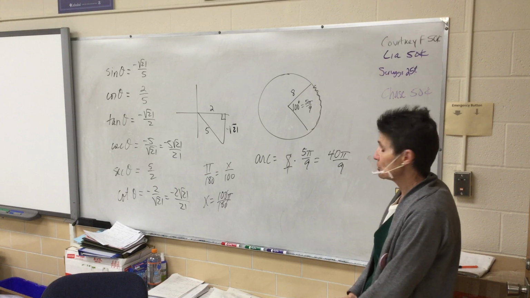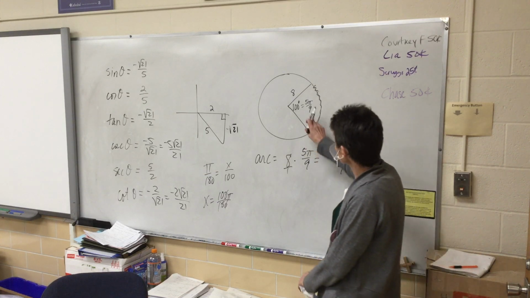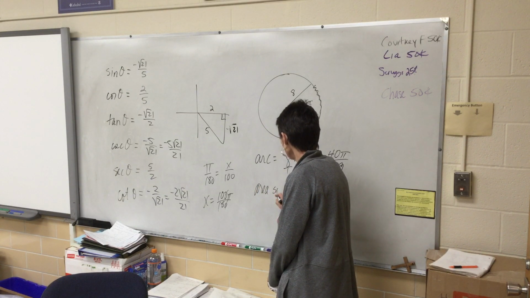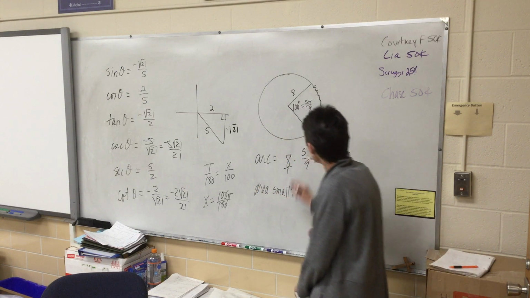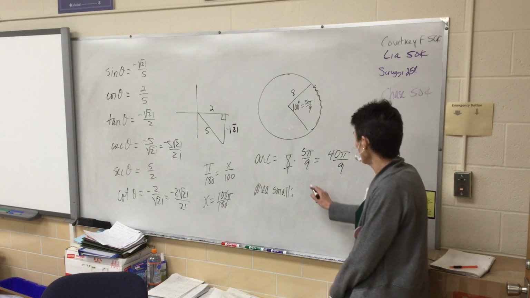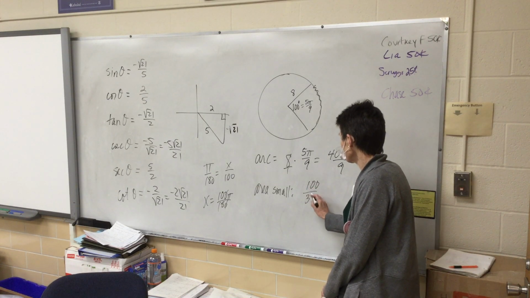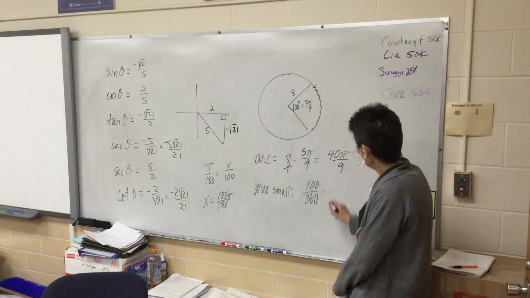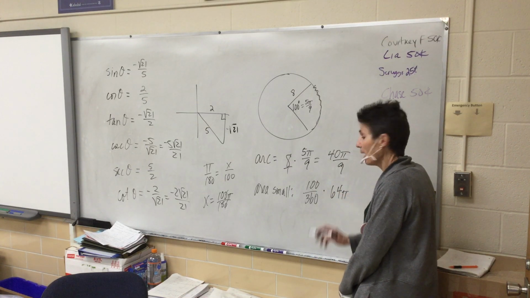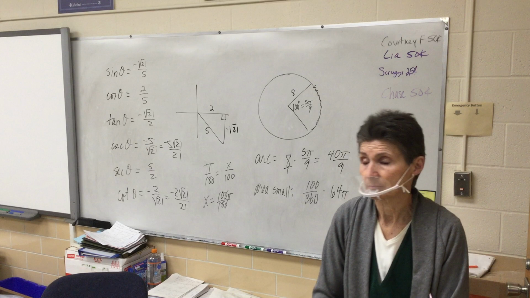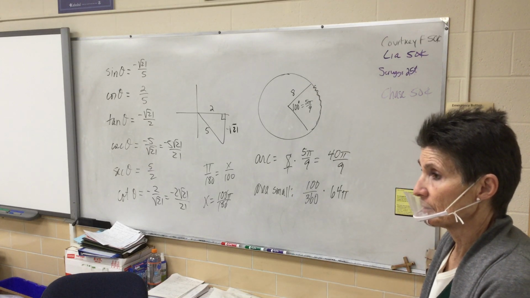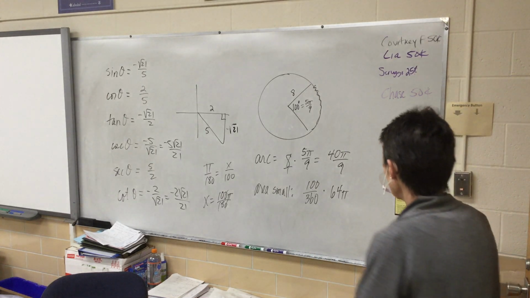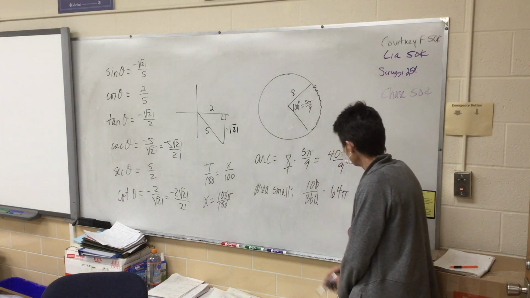Now, there are lots of ways you can find the area. Let's do the small one first. What I like to do, as you've probably noticed, is it's just a piece of the whole. So 100/360ths of the whole circle, which is 64 pi. So I'm going to reduce this.